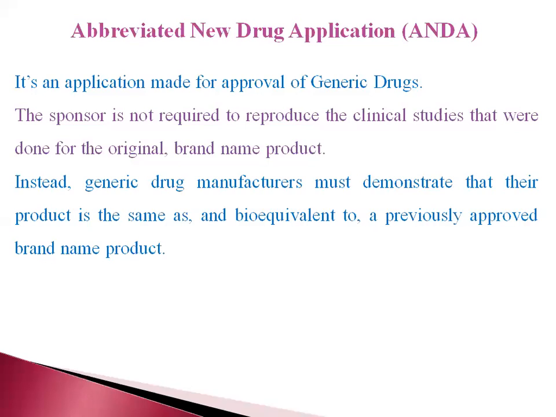And there is a need to submit documents to confirm whether the newly formulated product has the same bioequivalence or bioavailability as that of the branded product. If it is the same, we need to submit the documents to the regulatory agencies. That document is called the abbreviated new drug application, ANDA application.